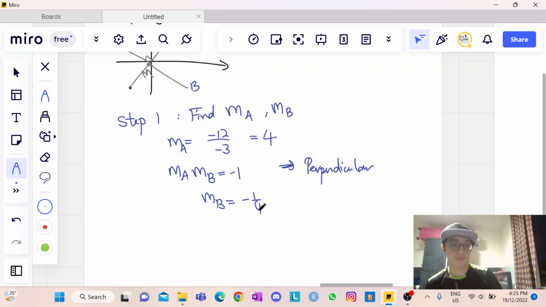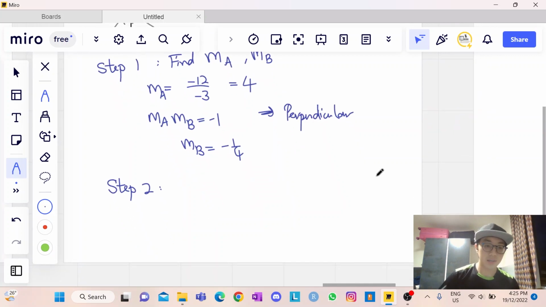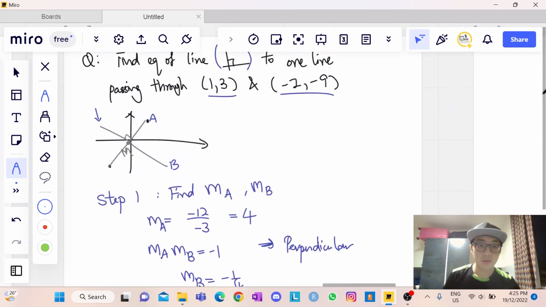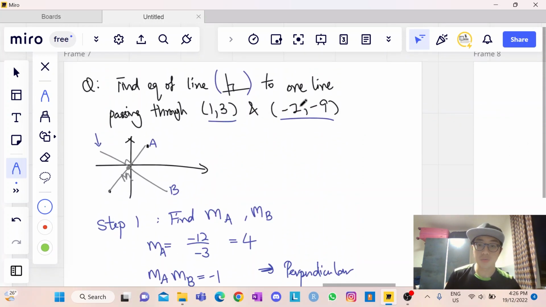It's just that easy. Okay, so step number 2. Oh no, I'm sorry, I forgot to change the colors, but it's okay. Step number 2, find the midpoint of line A. The midpoint of line A is basically the midpoint of these two points, right?